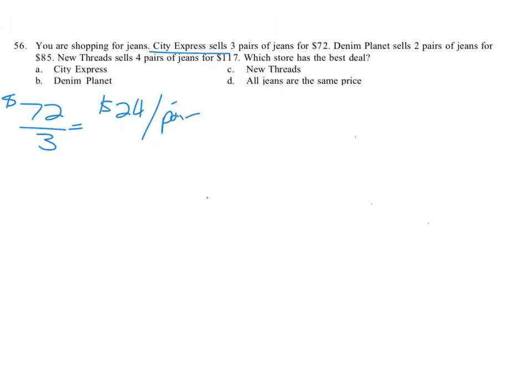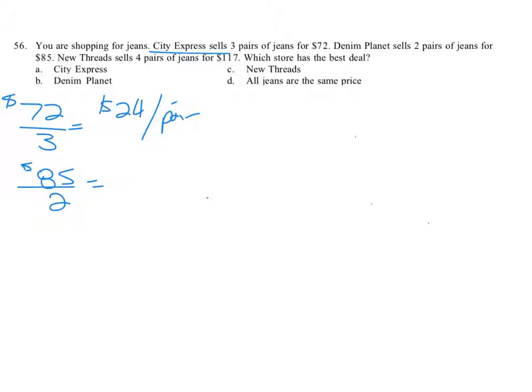Now, next one, Denim Planet sells 2 pairs of jeans for $85. So $85 split up equally among the 2 pairs of jeans equals how much per pair? 85 divided by 2. 2 goes into 8 4 times. That is 8. 2 goes into 5 2 times. That's 4.